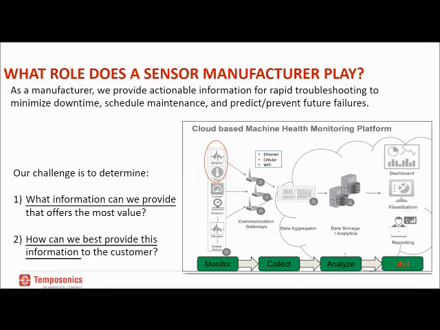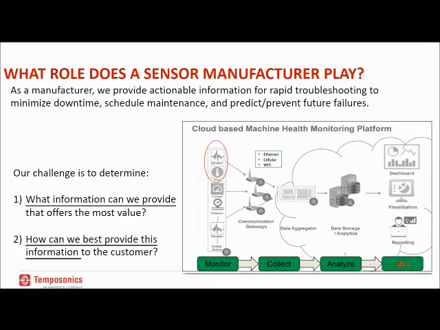So one of the challenges is trying to figure out just what information we need to provide to an end user so that they can make these educated decisions about what to do when they receive that information.